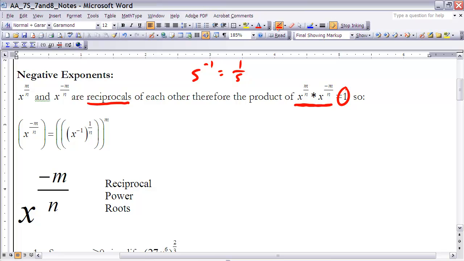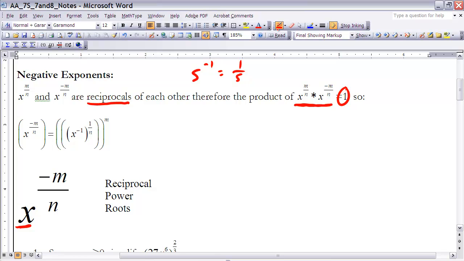So really, if we look at the power of any positive number, as long as x is positive, we can do the following. It doesn't matter the order in which we do it, but we can take the reciprocal of the number, take the nth root of the number, and raise it to the m power. I could raise it to the m power, take the n root, and then take the reciprocal. I could take the n root, raise it to the m power, and then take the reciprocal. The order doesn't matter.